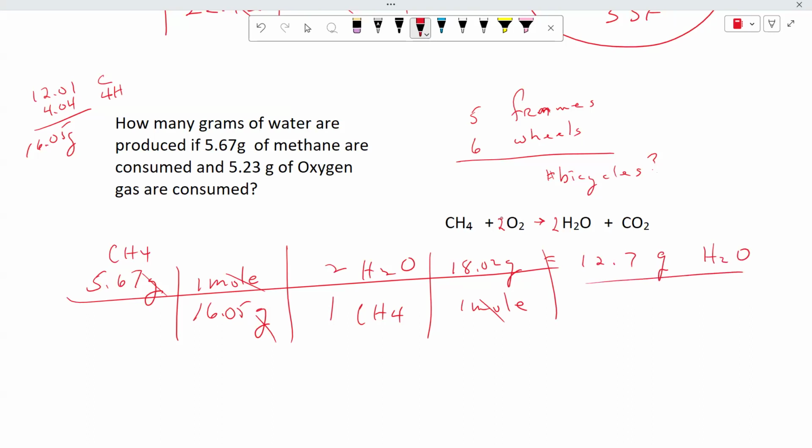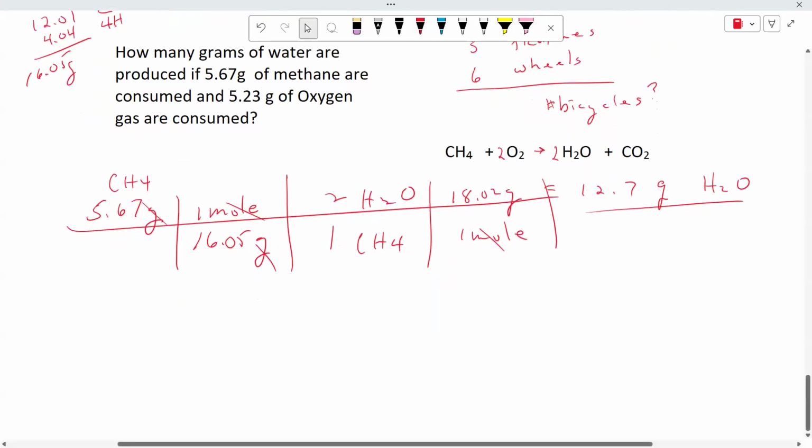Okay, that's the first one. I'm going to do the same thing, only instead of methane, we're going to use oxygen.